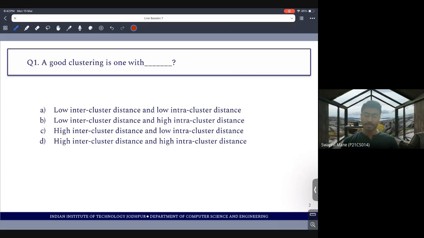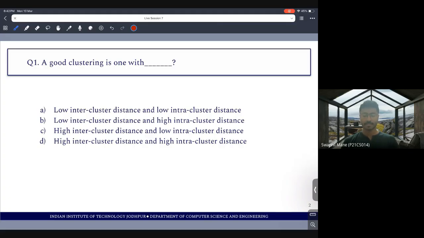Some algorithms, like k-means clustering, require you to give a k parameter, how many clusters you want. Suppose you have given three, you want three clusters from this data. After getting three clusters, we also need to verify that these three clusters identified by a particular algorithm are correct enough or not.